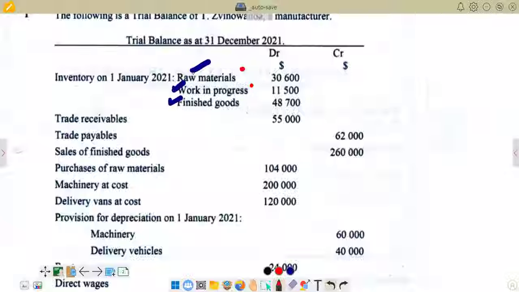So at the beginning of our manufacturing account, we are going to start with our opening inventory of raw materials, which is 30,600. So we can go back to our answer.